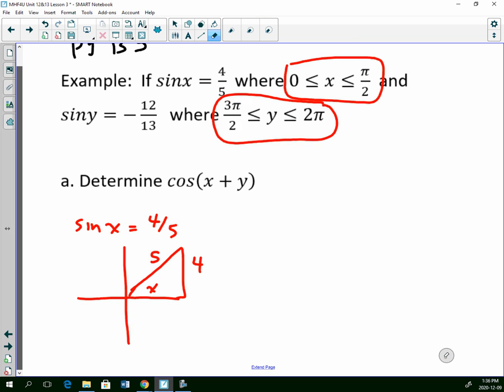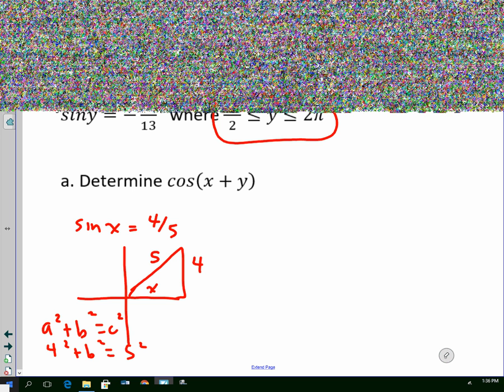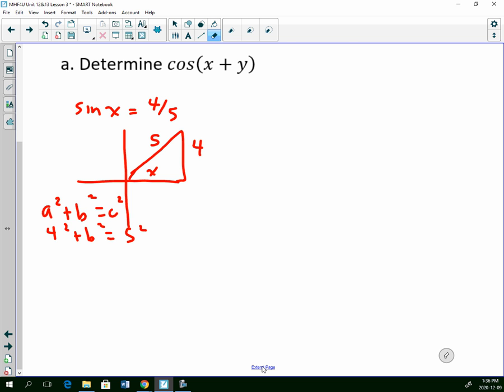And so we would use Pythagorean theorem to find the missing side, I should say. So we are given one side and the hypotenuse, and we will need to find the missing side, and it will work out to be 3. Okay, so B is 3.